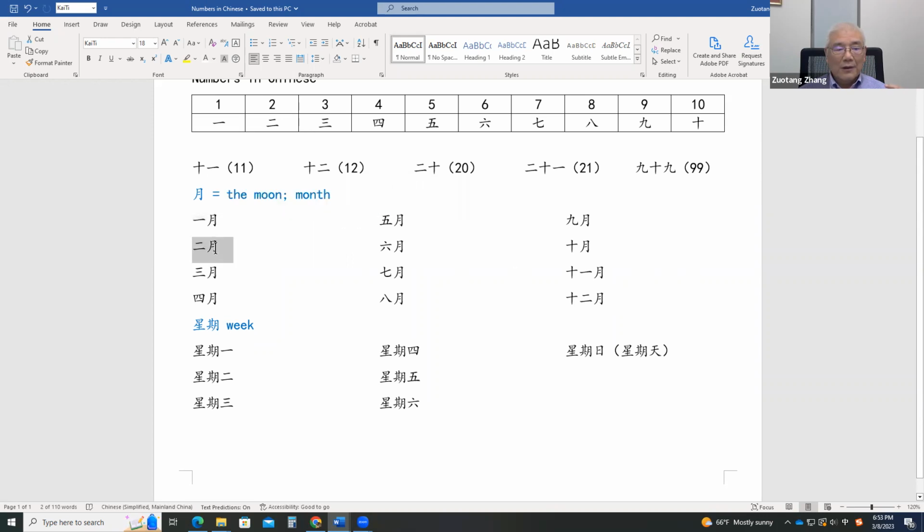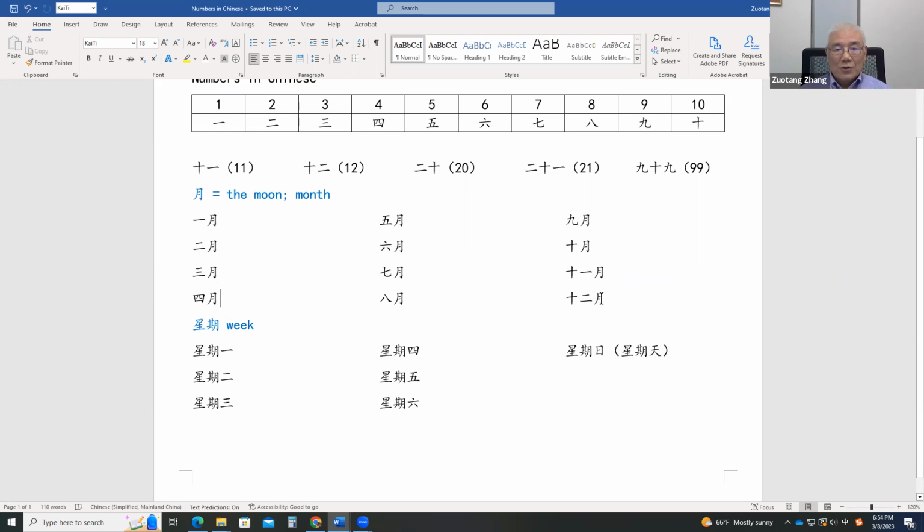二月 means the second month. And 三月, third month. 四月, fourth month, and 五月, that's the fifth month, which is May in English, and the sixth month 六月, and 七月, 八月, 九月, 十月, 十一月, 十二月.